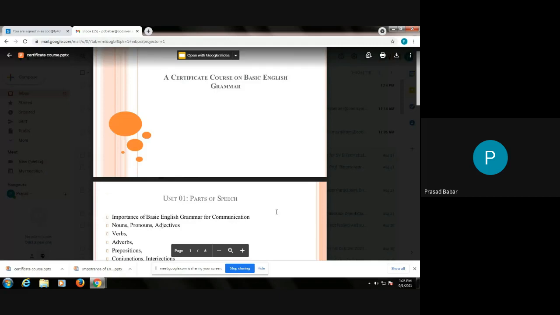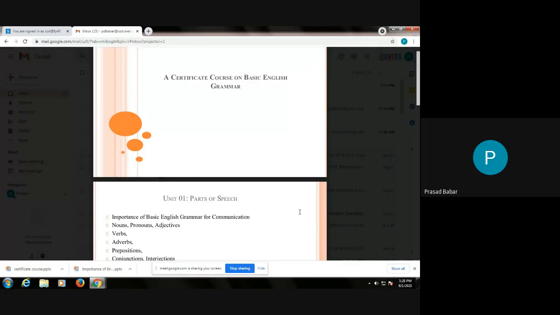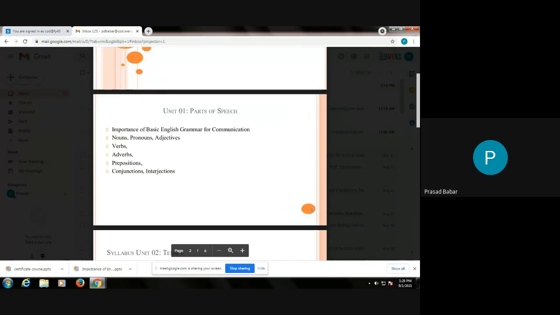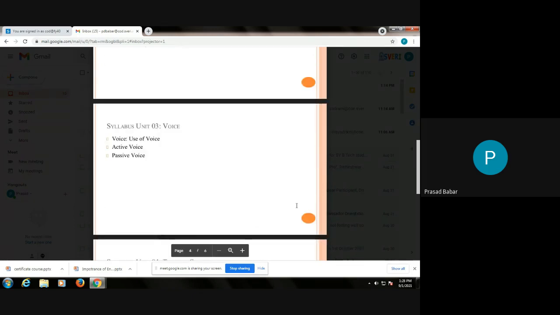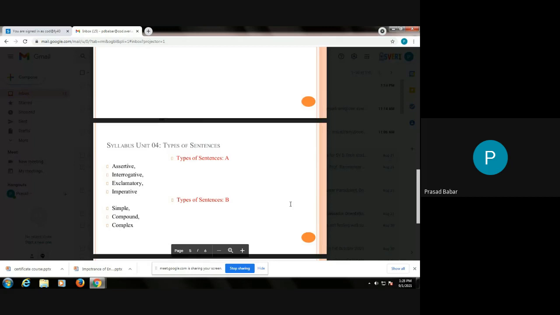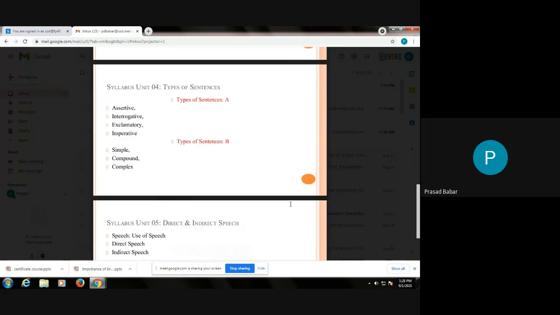Okay, and these units are, the first unit is parts of speech, the second is tenses, the third and the fourth unit is about the types of sentences. Okay, how many types of sentences are there that we are going to study in this chapter.